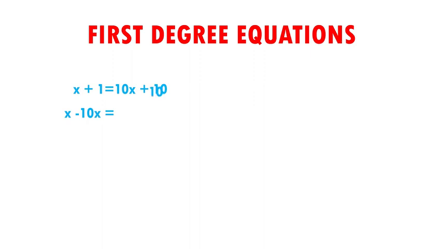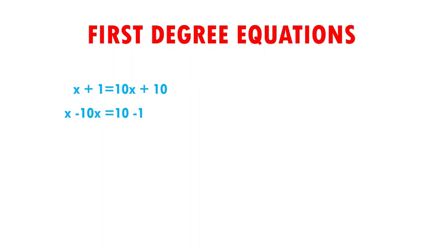Now we lower this 10 here, and this plus 1 that is adding passes to the other side of the equal sign, doing the opposite of adding, which is subtracting. Now I have that x minus 10x is equal to 10 minus 1.